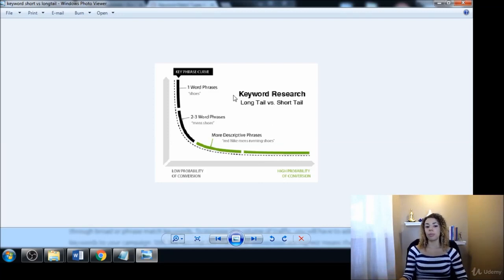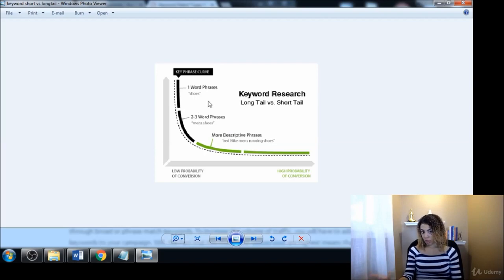So going back here for a moment, between our seed keywords or the short tail keywords and of course the long tail keywords, you have those middle phrases, maybe something like men's shoes, or men's Nike shoes. So those would be in between these two here.